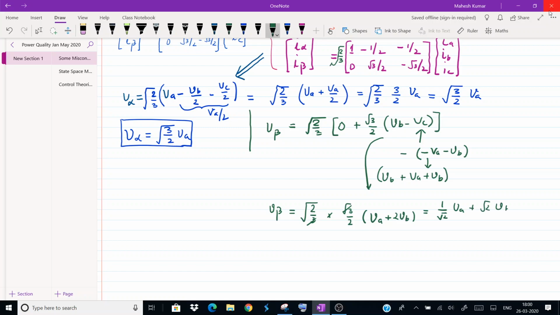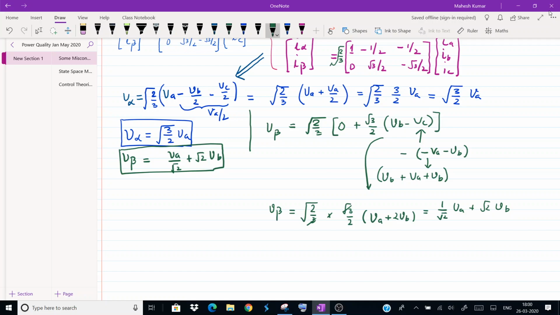Am I correct? So therefore, we can write here V beta equal to VA by root 2 plus root 2 into VB. This is the second equation, and similarly we can find it for currents.